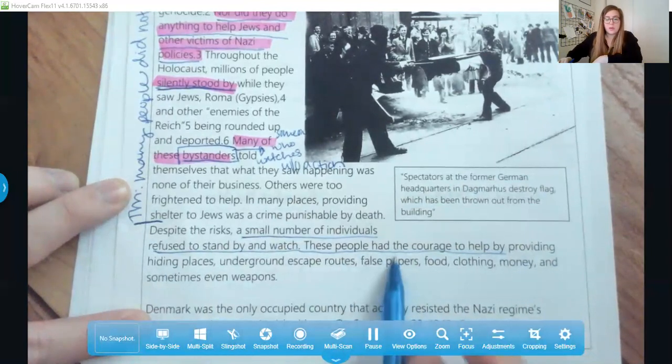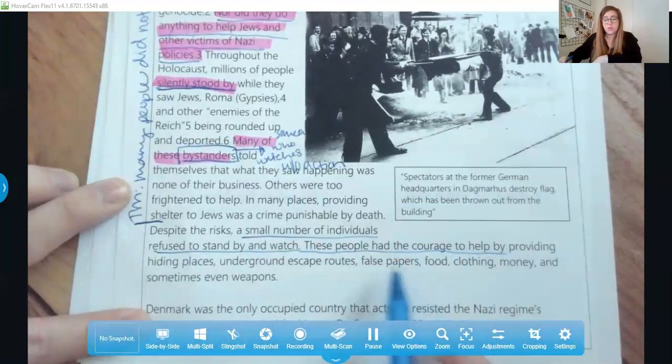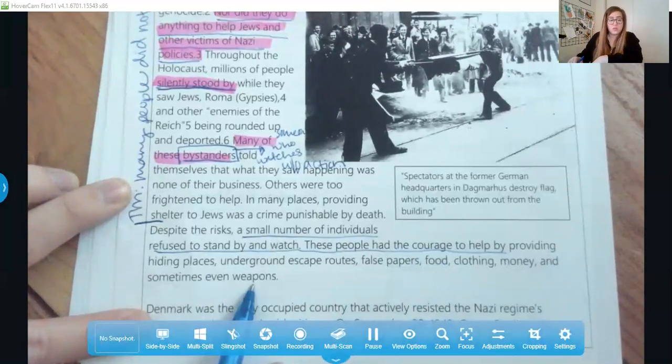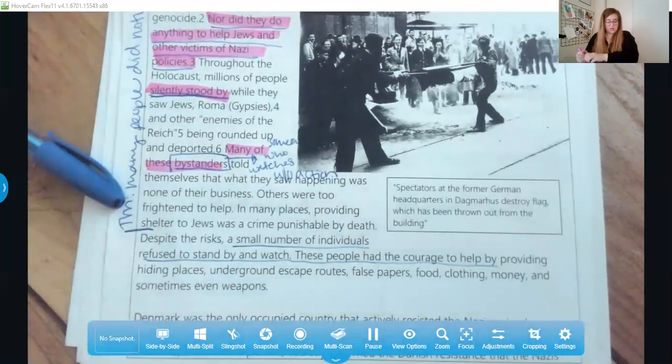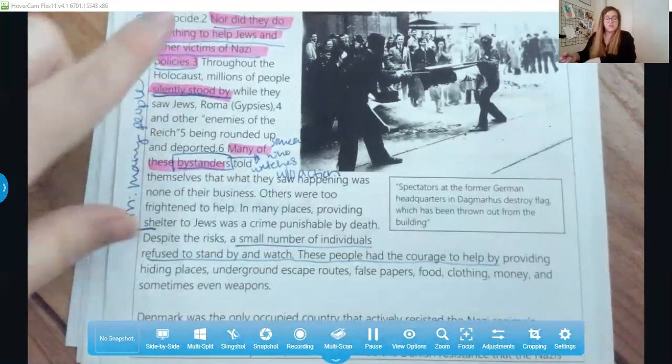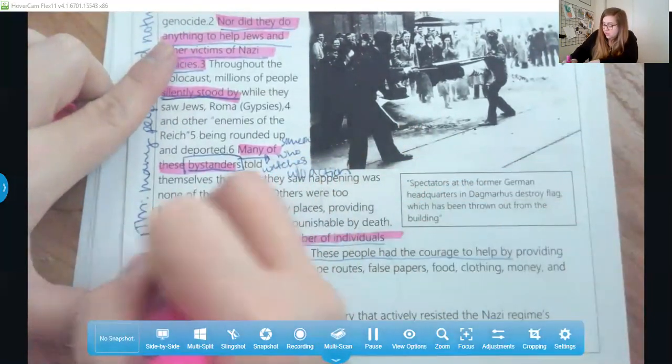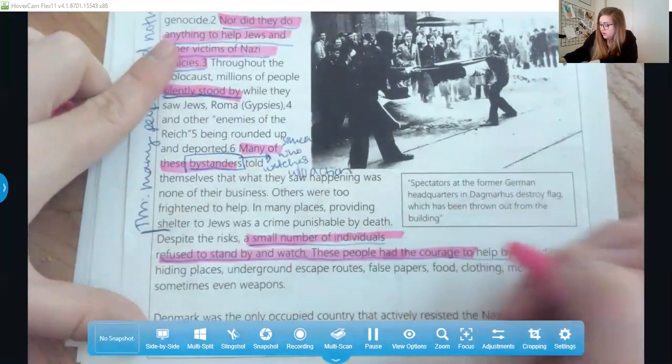So these were papers that people used to try and get into other countries, like pretend passports and that kind of thing. Food, clothing, money, and sometimes even weapons. So here I noticed that while these people up here didn't do anything, there were a small number of individuals who did have the courage to help.